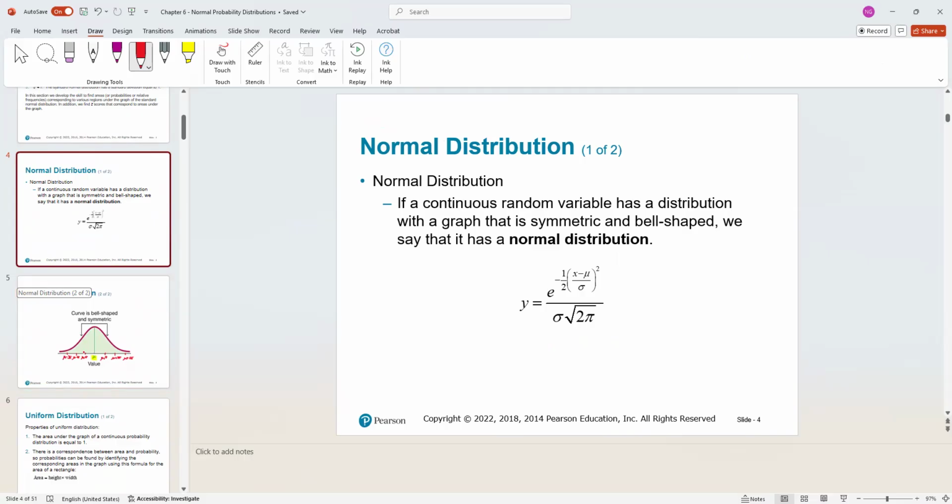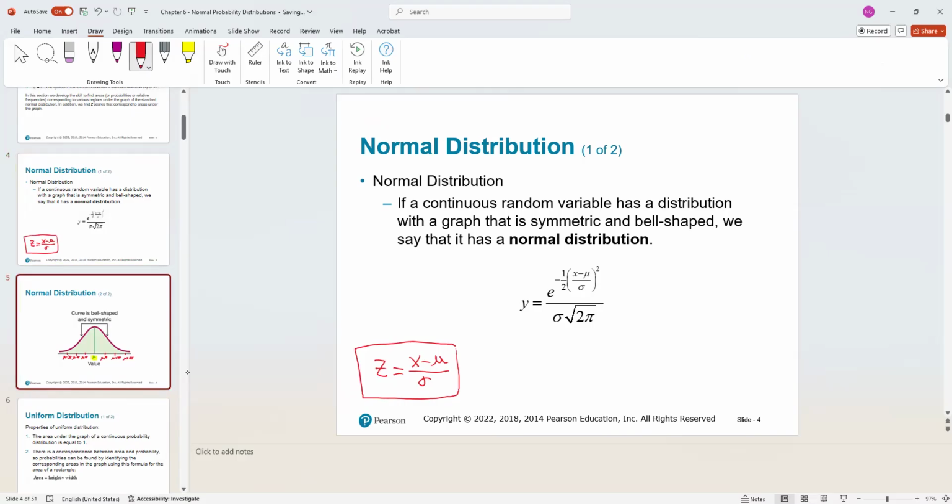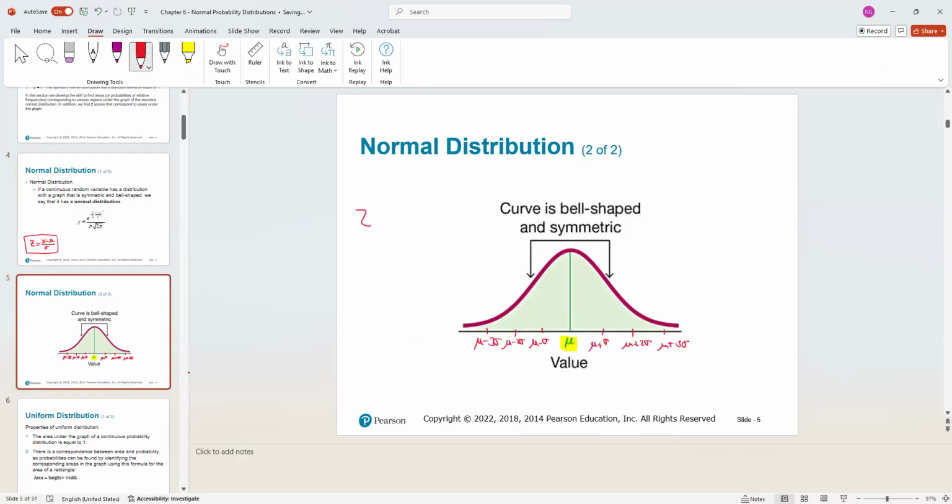For us, this is how we're going to do it. We can convert any x values to z, knowing the mean and the standard deviation. Then once you know z, we have a table where we would find the corresponding probability. So that's the formula we're going to use. I want you to bear it in mind. Convert any x values to z using this formula.